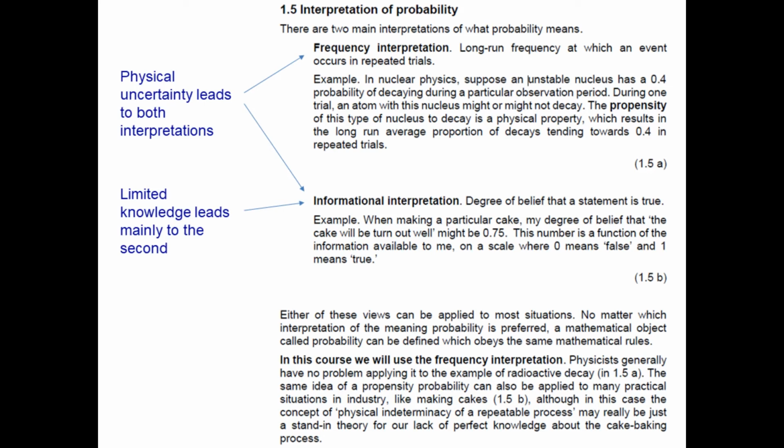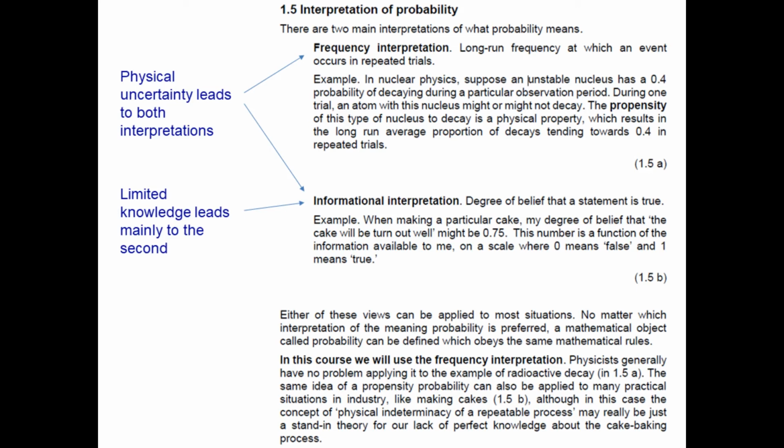They would either simply have knowledge that it was true, or probability 1 that my cake would be successful, or probability 0 because they know I'm making it wrong. The informational interpretation is natural for many kinds of processes like cooking or industrial processes, but nonetheless we can apply the frequency interpretation as a model, a stand-in for my state of uncertainty.